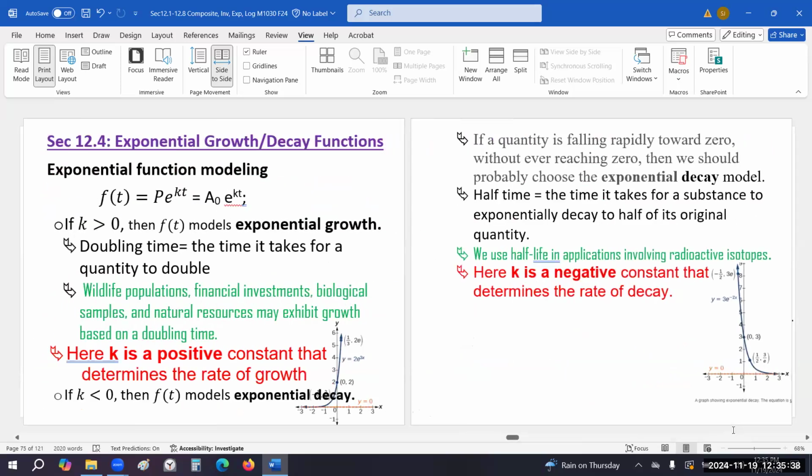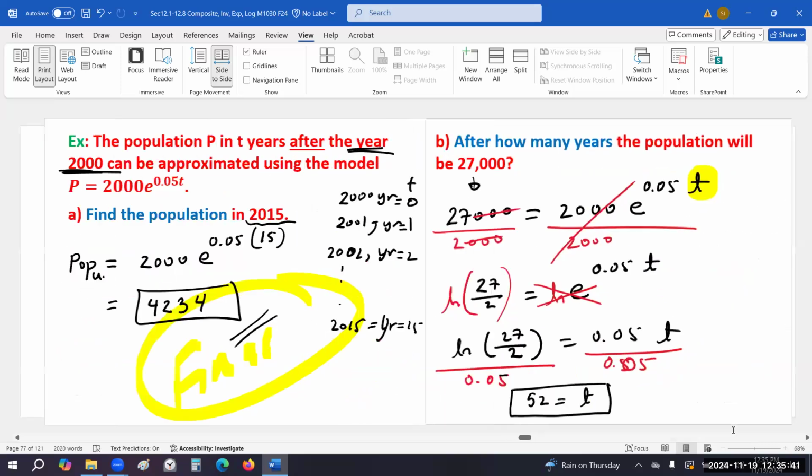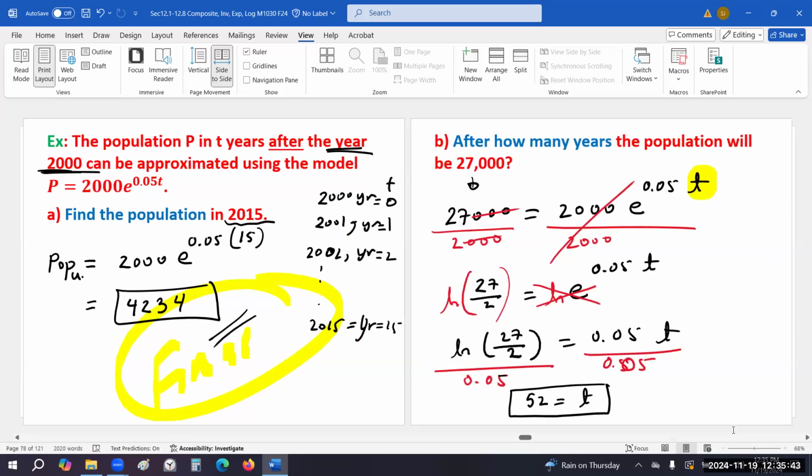And then we did the second type of problem, where you're working not with money, but with population. When you're working with population, either the formula will be given to us, like this example, or based on the information, we are going to use the second formula, P times e to the rt.